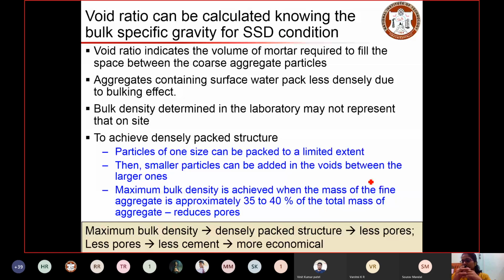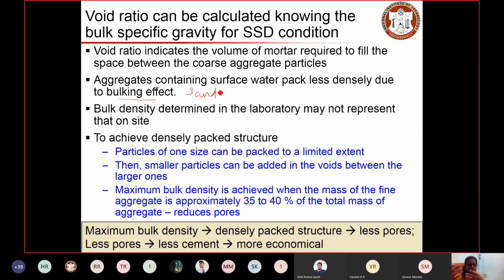This bulking effect is defined as the effect of water that pushes the sand particles apart. When the water on the surface of the aggregate pushes away the sand particles in the concrete mix, it introduces more pores or voids in that region.